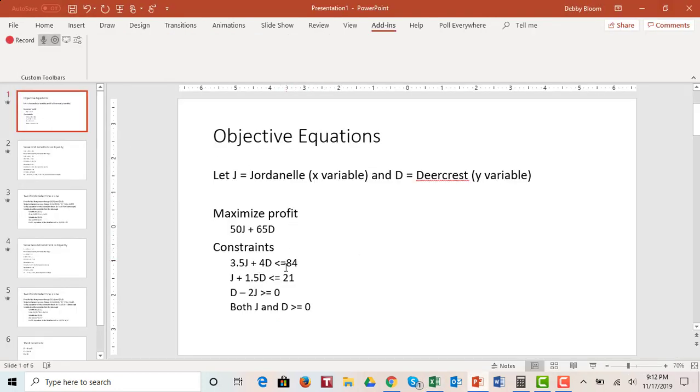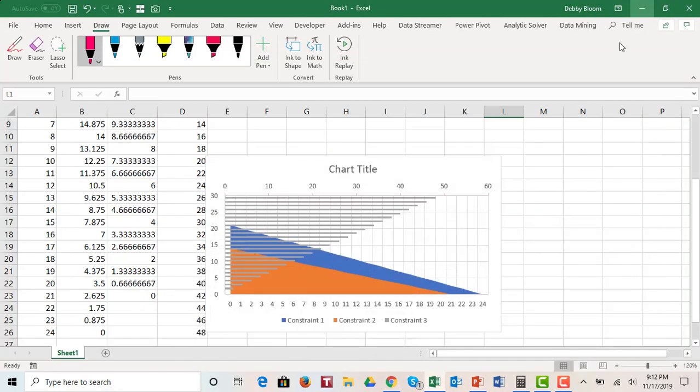we have here our three constraints. So our second constraint, j plus 1.5d is less than or equal to 21. And our third constraint, d equals 2j. So we're going to set those two equal to each other, and then we're going to solve.